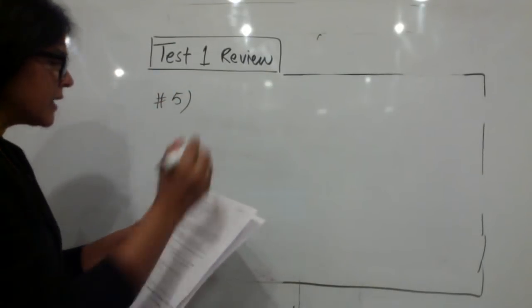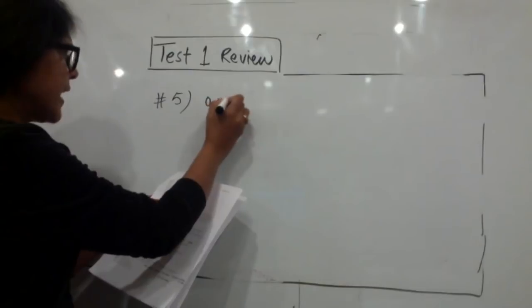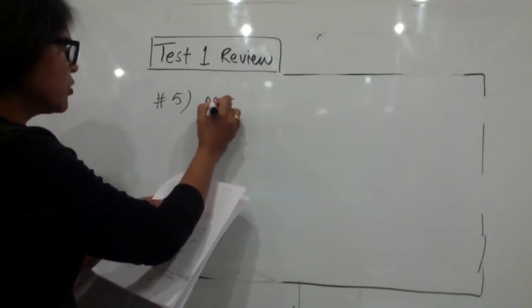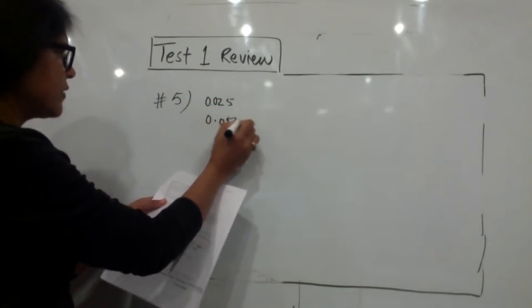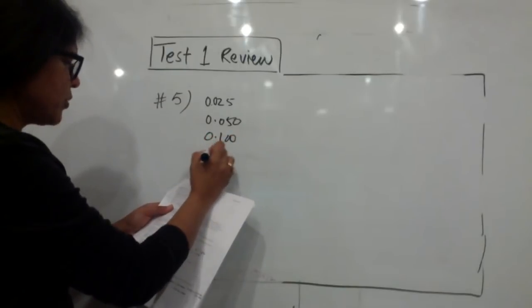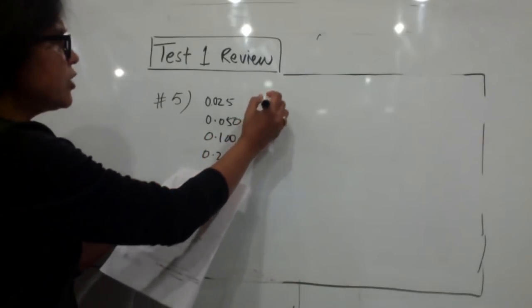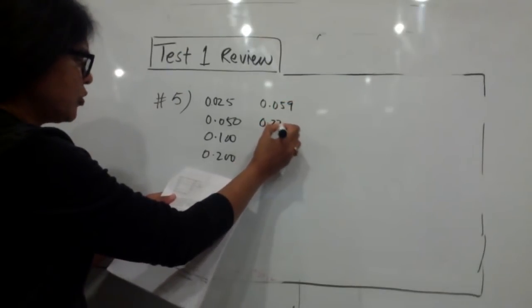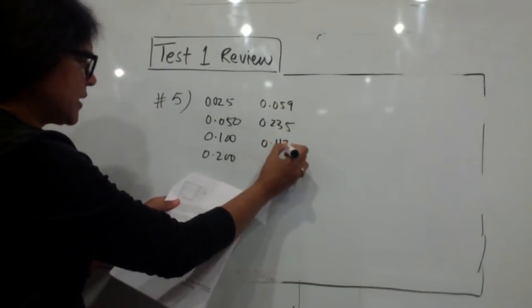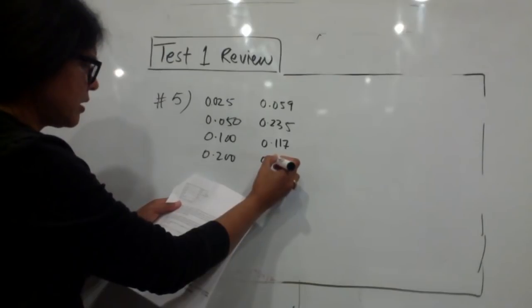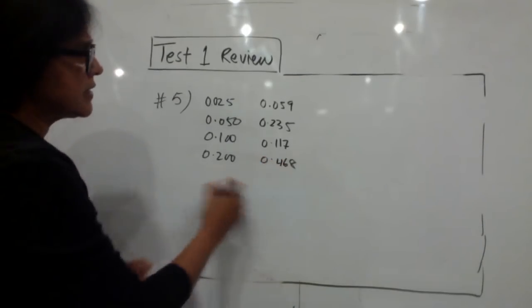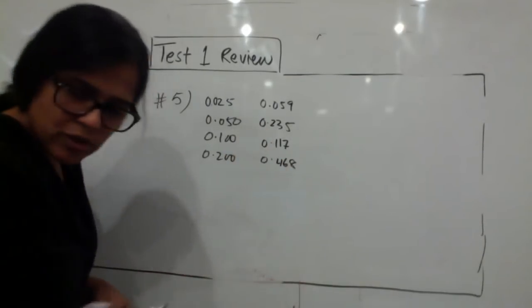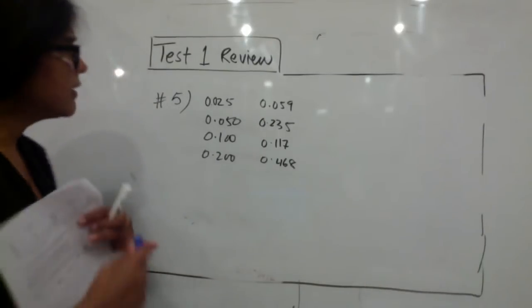number 5 has the data where you see that the concentration is 0.025, 0.050, 0.100, 0.200. And you see that the absorbance is 0.059, 0.235, 0.117, 0.468, and then there is the unknown. So you see generally the trend here is increasing.